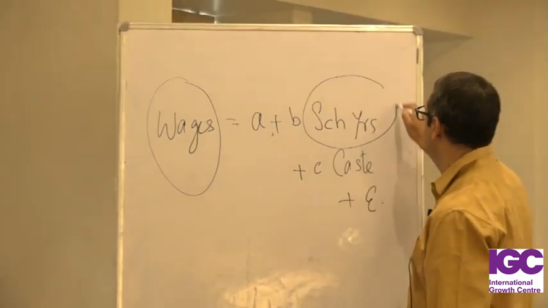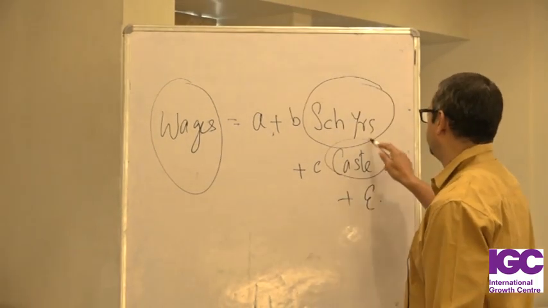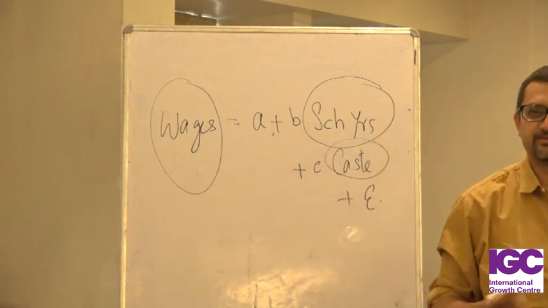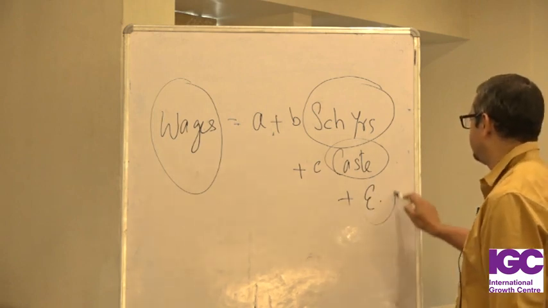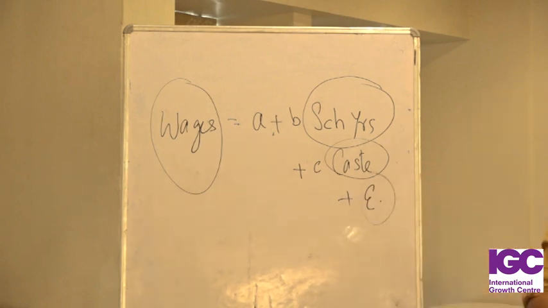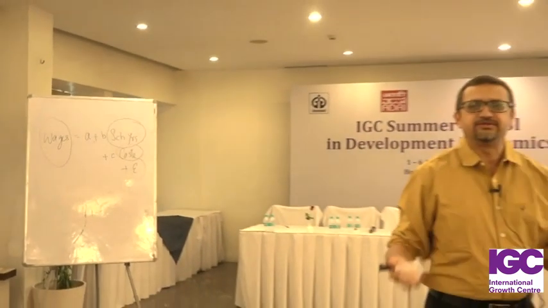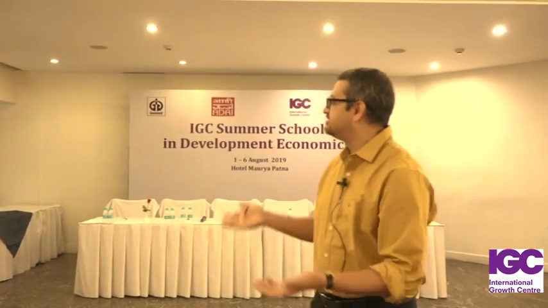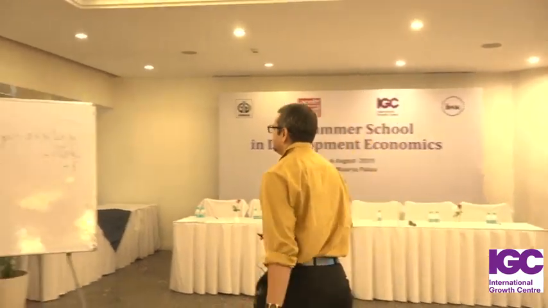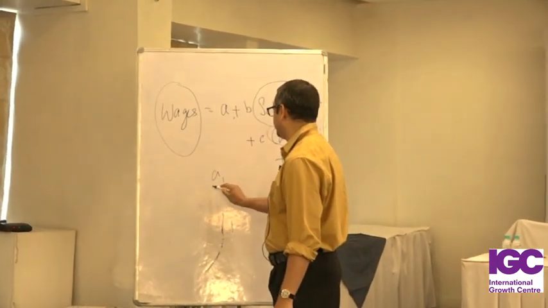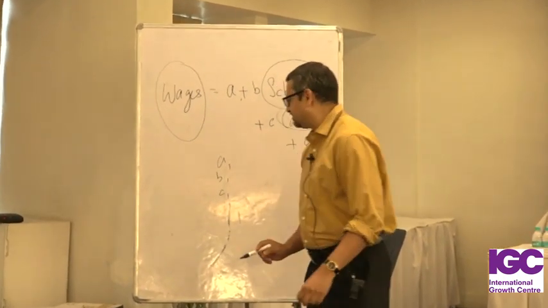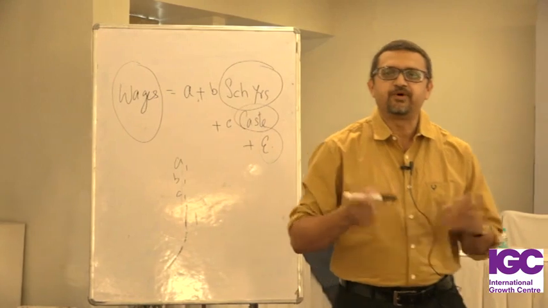Here's schooling years. Here's some variable that characterizes the caste of the person, and there is something here called epsilon. So here's a regression. Can someone tell me what we are trying to achieve by finding these A, B, and C's? Let's say we do something and get some value of A, B, and C. What is the purpose of the exercise?